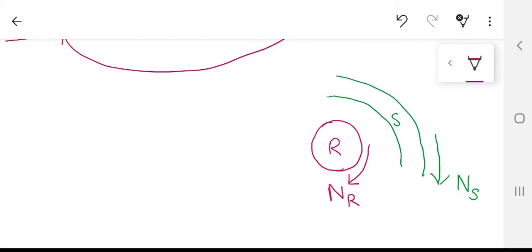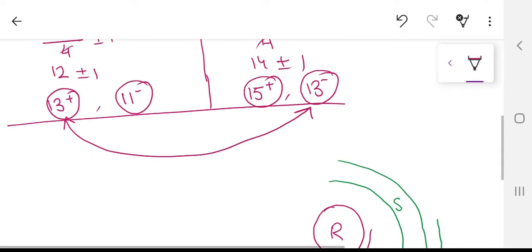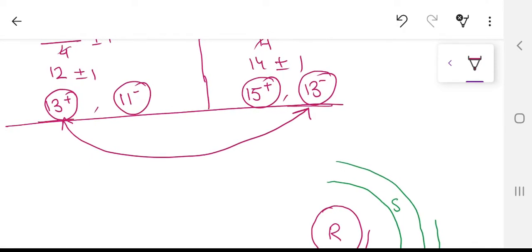This is the fundamental. But because of the slotting, you are going to have a lot of slotting harmonics produced, and we have just calculated that they are the 13th here and the 13th there, and certainly the 11th and 15th. They are going to produce some losses, but they are not going to produce the crawling effect or harmonic synchronous torque.